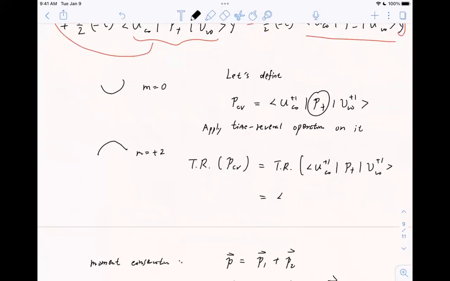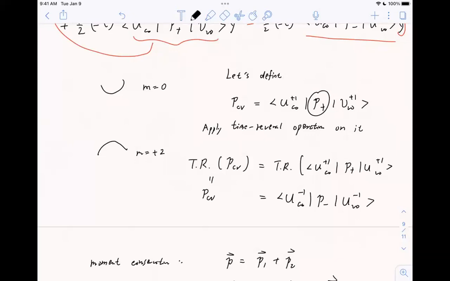So this one will become U minus 1. You flip the value because of time reversal symmetry. This one will flip, it becomes minus. And these are all U. So this will be minus V0. So this one is still PCV.